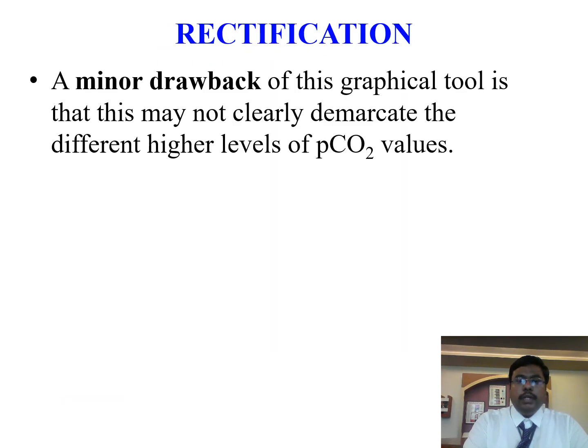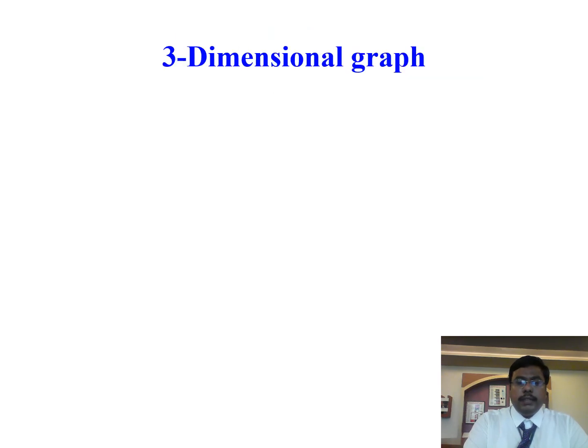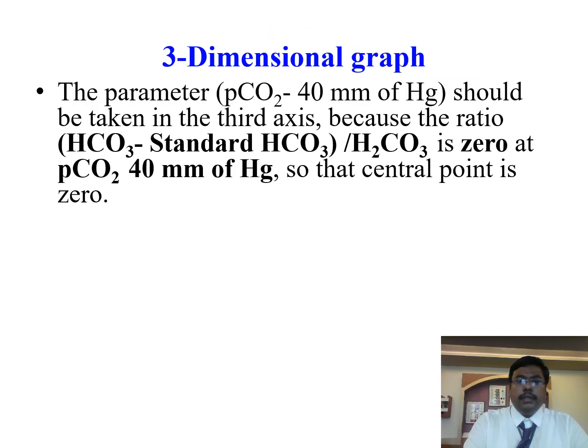A minor drawback of this graph tool is that it may not clearly demarcate the different higher levels of PCO2 values, but this can be corrected in a 3-dimensional graph if PCO2 values are included in the third axis. In the 3-dimensional graph, the parameter PCO2 minus 40 mm of mercury should be taken in the third axis, because the ratio bicarbonate minus standard bicarbonate divided by carbonic acid is 0 at PCO2 40.